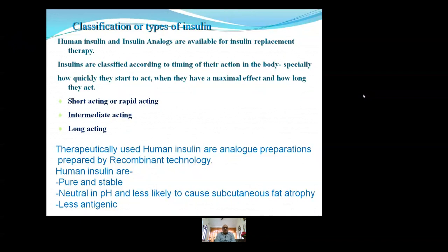There are three types of insulin: short acting or rapid acting, intermediate acting, and long acting. Therapeutically used human insulins and analog preparations are prepared by recombinant technology. Human insulins are pure and stable, neutral in pH, less likely to cause subcutaneous fat atrophy, and less antigenic. So, generally, human insulins are used.